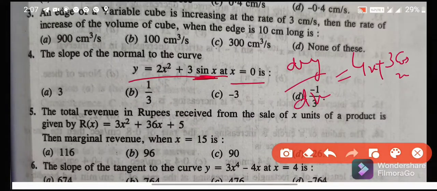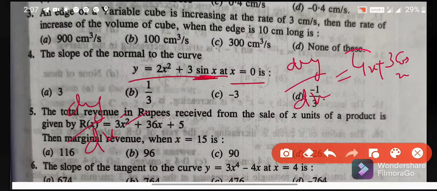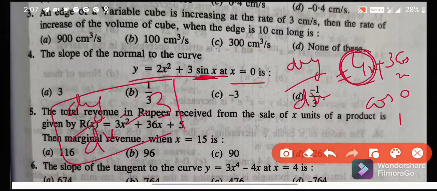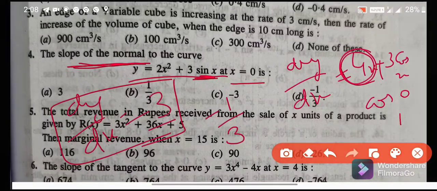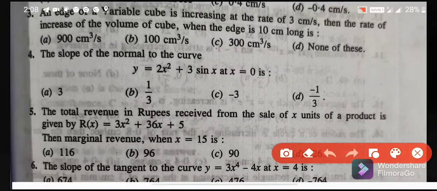Now at x is equal to 0, dy/dx is equal to 4 multiplied by 0, that is 0, and 3 cos x. Cos 0 is equal to 1, so the slope is equal to 3. This is the slope of the tangent. Now we have to find the slope of the normal. So the slope of the normal is the negative reciprocal of the slope of the tangent, that is minus 1/3. So the correct answer is option D, minus 1/3.